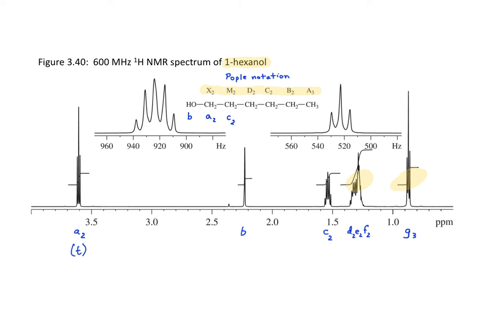We can't easily analyze D, E, and F. However, we know that the methyl group is at the terminus, and so this is G3, and the triplet is consistent with it being bonded to a methylene group.